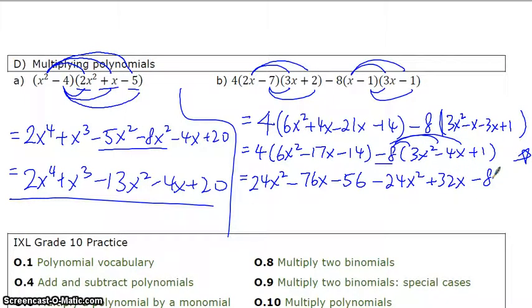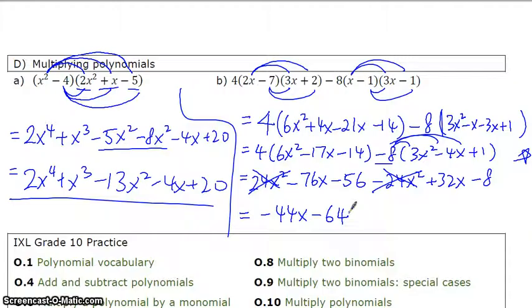So the sign changed. All right, finally, interestingly enough, these two cancel out. Good. And this one plus that one is negative 44x. And then this one minus this one is minus 64. I'll just do this by heart, hopefully my numbers are correct. Okay, so that's how you do it.